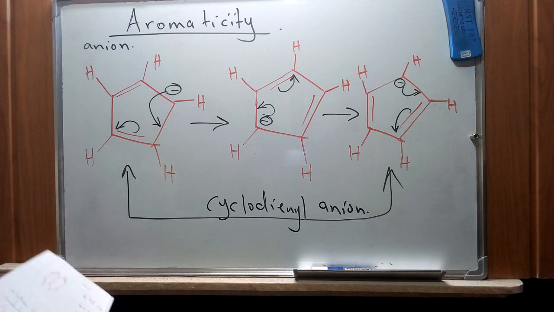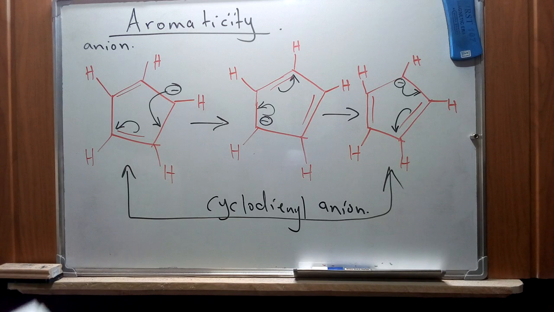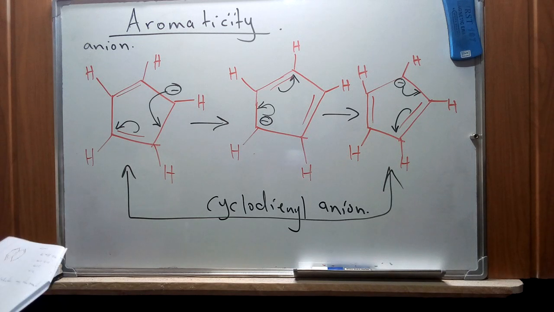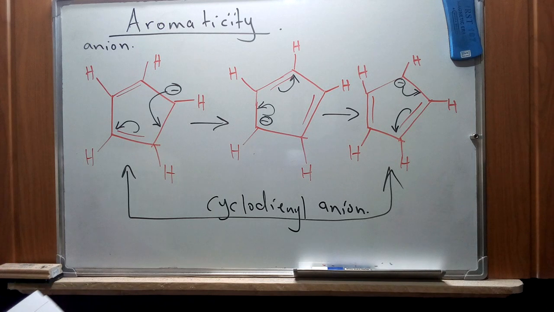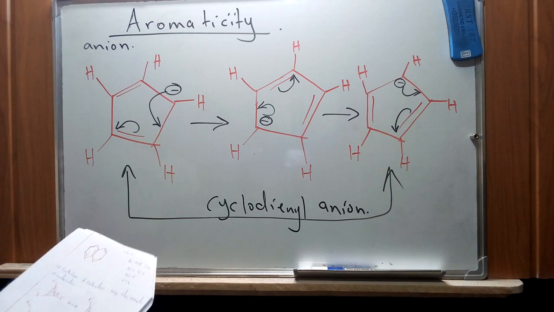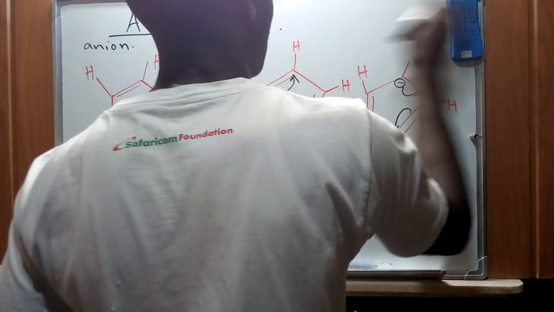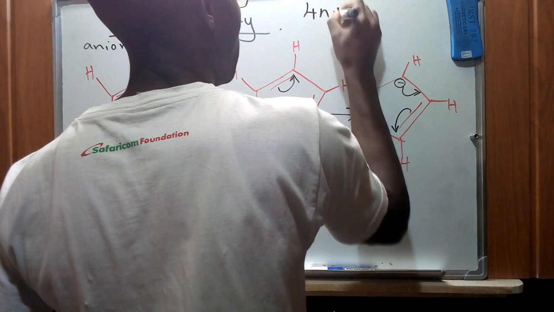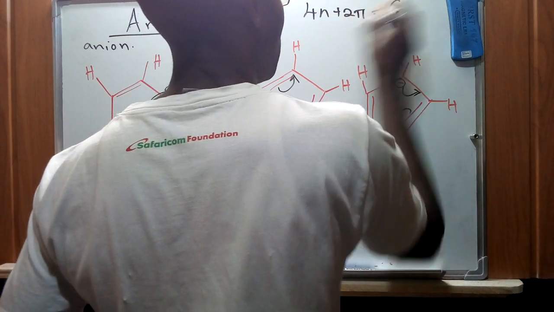So we can see that the number of electrons that we have been using to illustrate for the double bonds there is 6. So we have 4n plus 2 pi electrons equals 6.